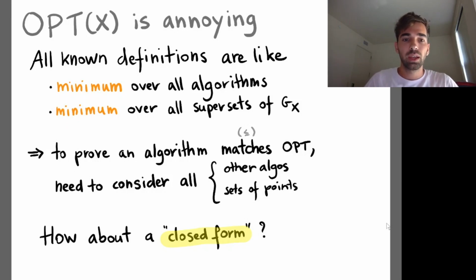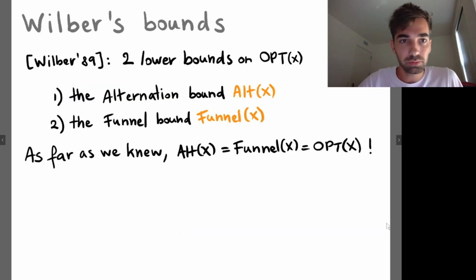So in order to prove that an algorithm like splay trees matches OPT of x, we would need to consider all of those algorithms or all of those sets of points. But it would be very nice if we could have some sort of closed form, because the closed form would allow us to only compare it to one thing rather than having to prove that it's bounded by many things.